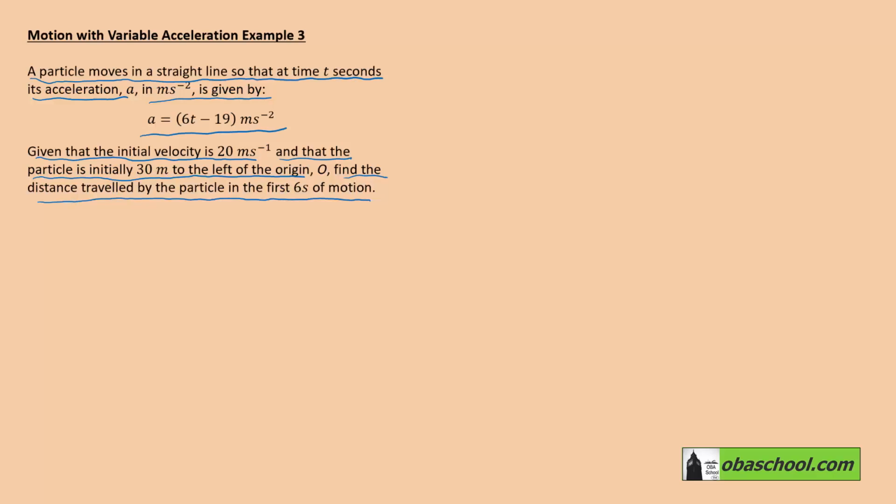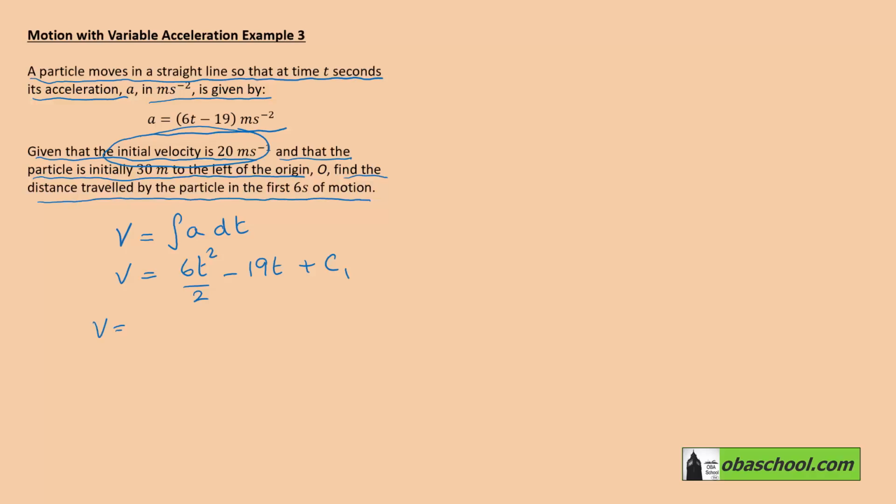So we don't know exactly how this thing moves. So we might want to investigate that to start with. So let's look at the velocity, which is the integral of the acceleration. So that's going to be 6t squared over 2 minus 19t plus some constant. Now we know the initial velocity is 20.